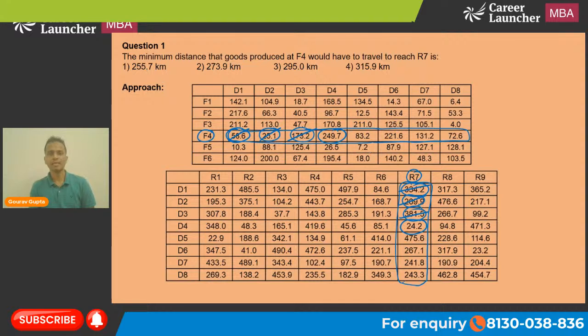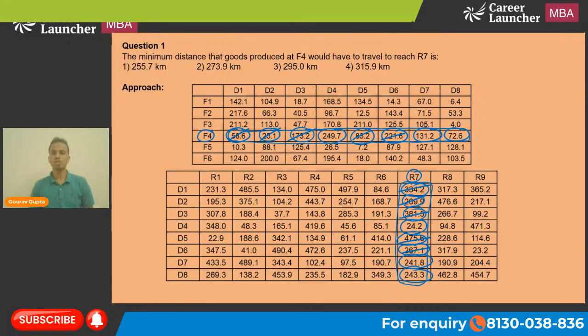Then 83 and 475, not at all. I'll not consider this number. 221 and 267, not at all. This will be more than 400. 131 and 41, 241, it is more than 300. 72 and 243, it is more than 300.